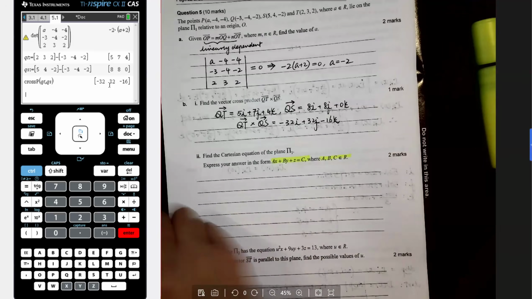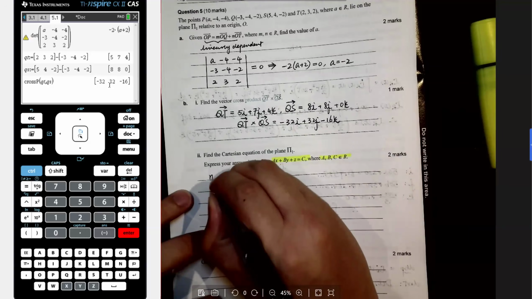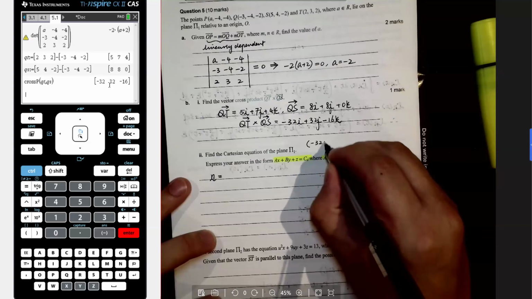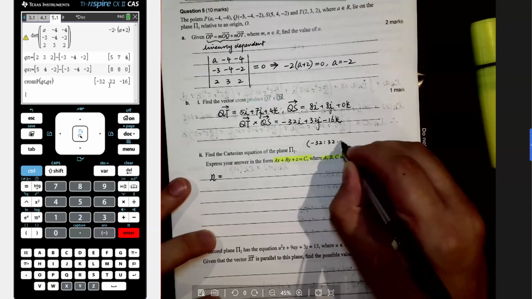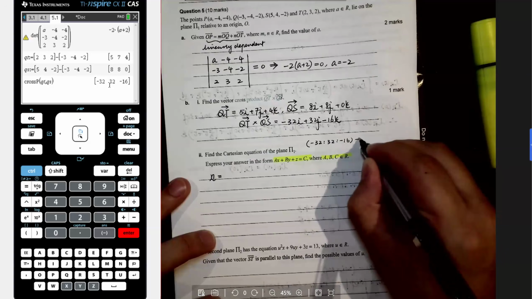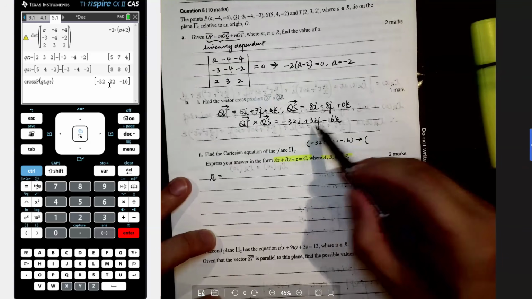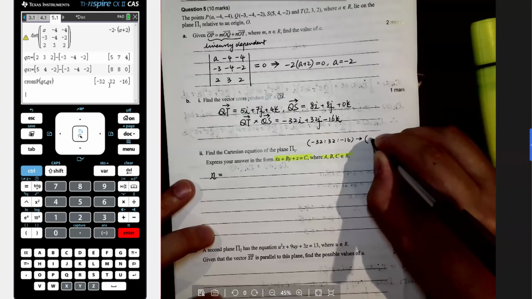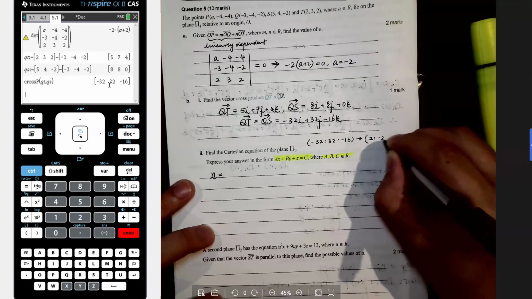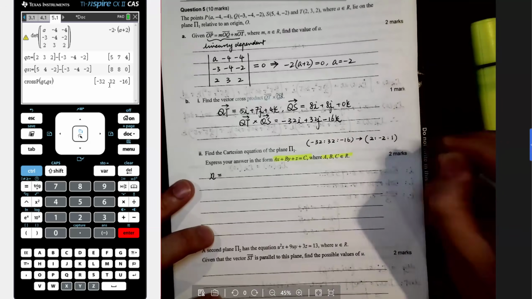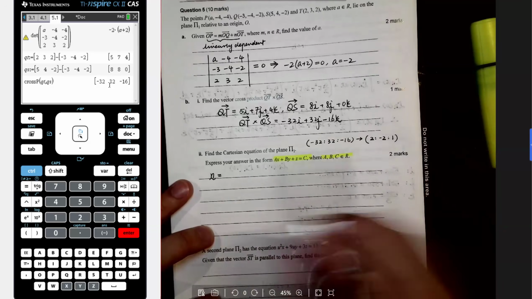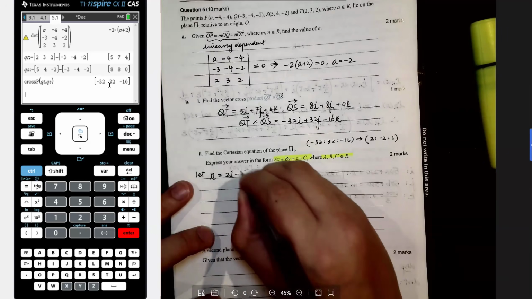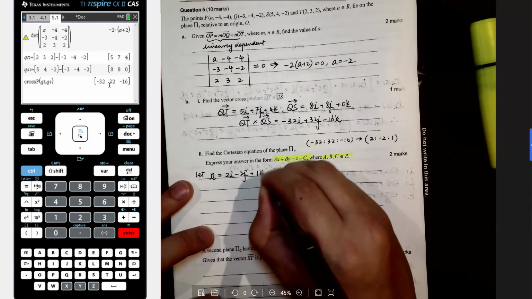So, for example, your n vector, notice the ratio is -32 to 32 to -16. The i, j, k ratios can be converted; if you divide by -16, you get 2, -2, 1. So you can also say let n equal 2i minus 2j plus 1k.